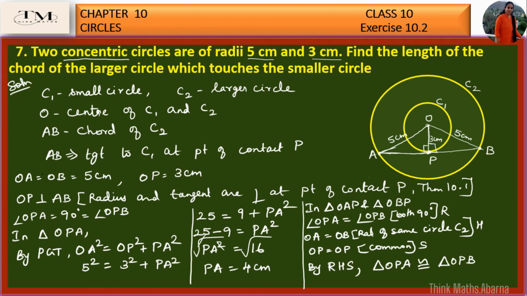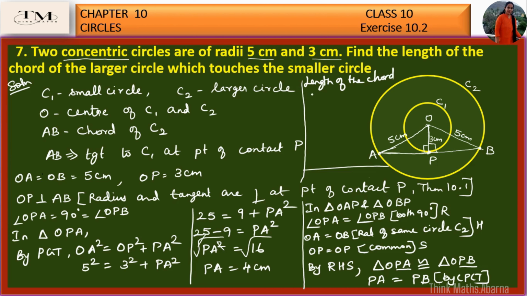So PA will be equal to PB by CPCT, which we have studied in 9th standard. Okay, so we got PA and PB are equal. What do we have to find? We have to find the length of the chord AB.